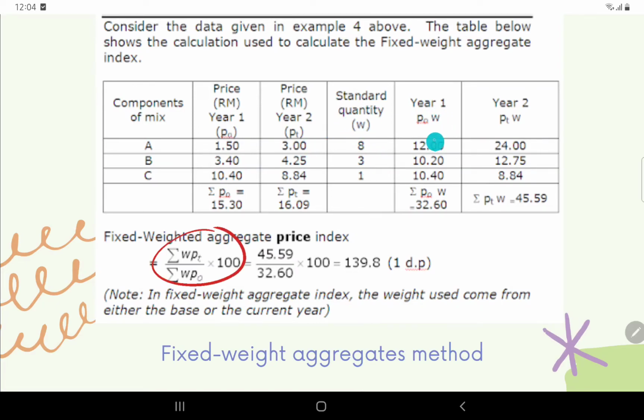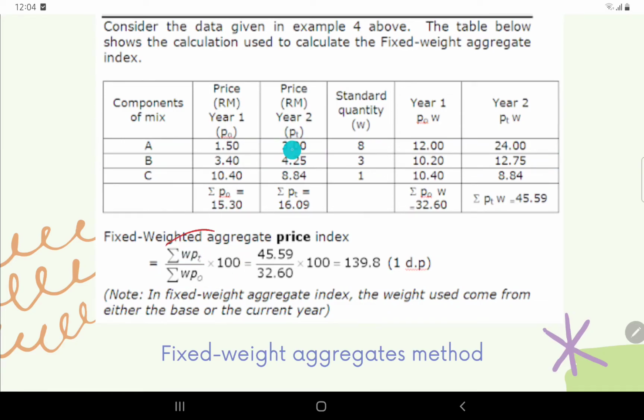And then ni nak kena cari P naught darab W lah, sebab sekat sini ada P naught darab W. So our P naught 1.5 times with 8. So dapat yang ni. Ini 3.4 times 3 dapat ni. 10.4 times 1, so dapat yang ni. For year 2 kita nak dapatkan yang ni lah. Okay, PTW.